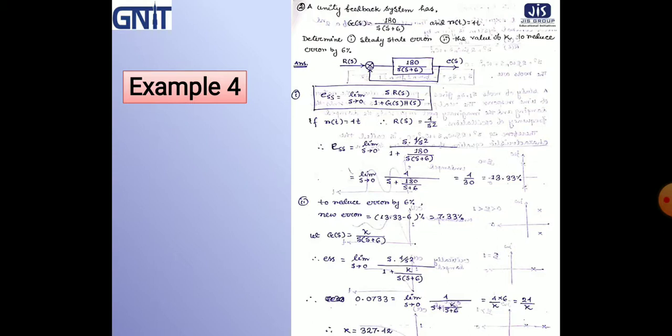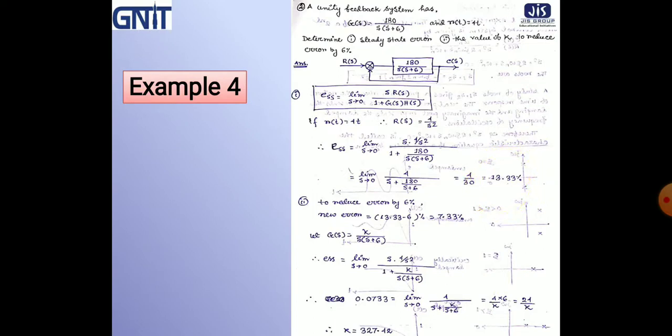Determine the steady state error, and the value of K to reduce the error by 6%. Just find the closed loop transfer function, and put the values of ESS, R(s), G(s) and H(s) here. Then we can find the ESS like this. So the steady state error is 13.33%.